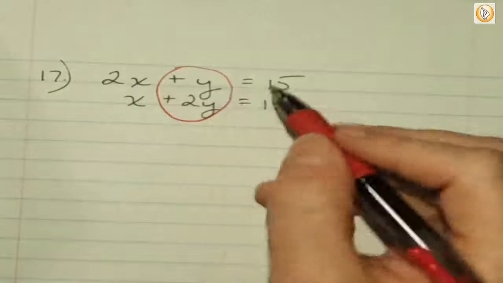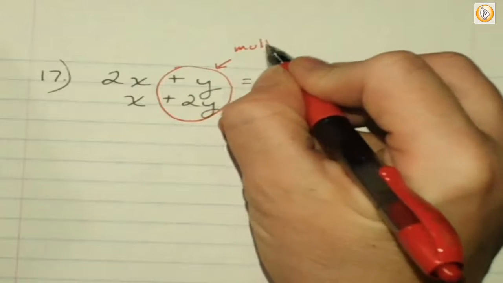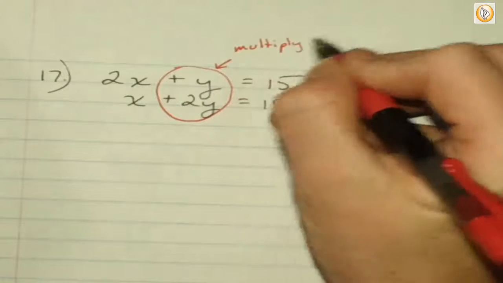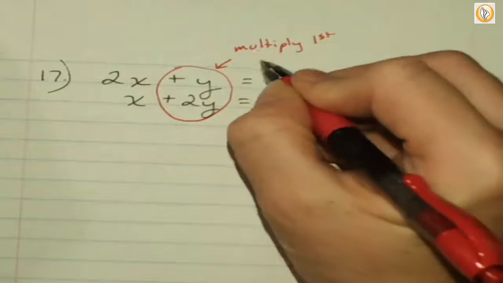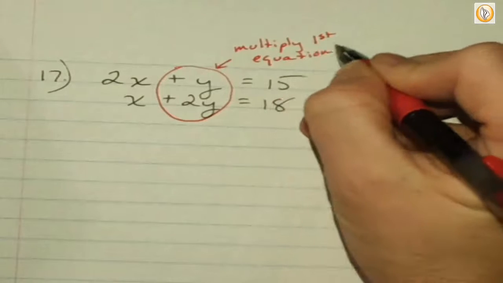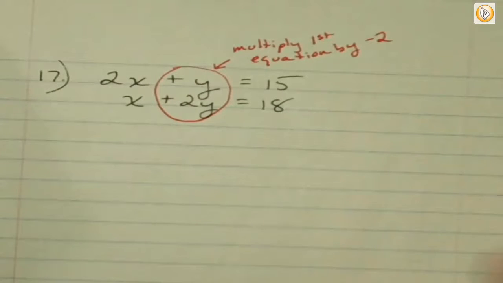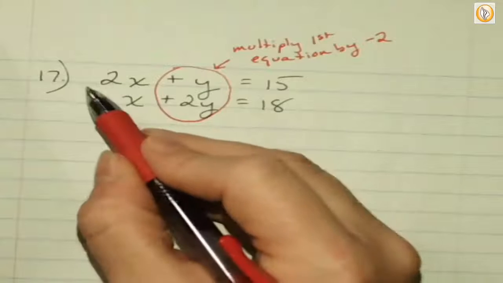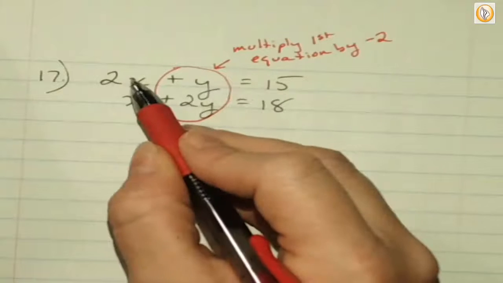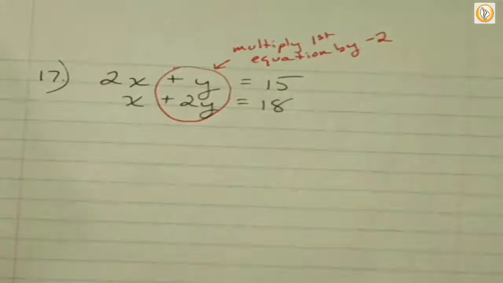This first line. Okay, so I'm going to say multiply the first equation by -2. And he's correct. So he's going to multiply this first equation by -2 so that he can eliminate the y. And that's what we're going to do.